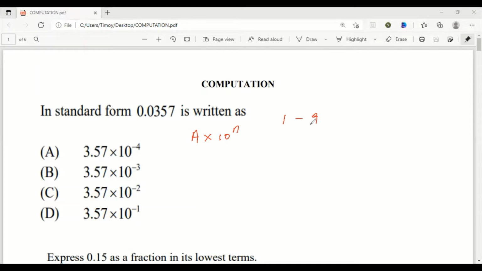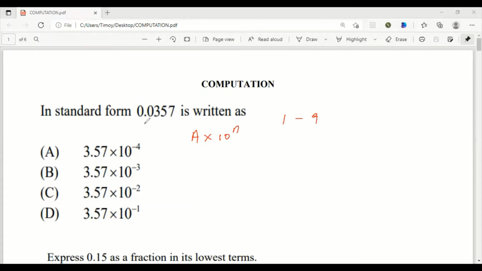It cannot be greater. So, in other words, if we want to write this decimal in standard form, how can we get a number from 1 to 9 in front of the decimal point? We can simply multiply this by 100, right?